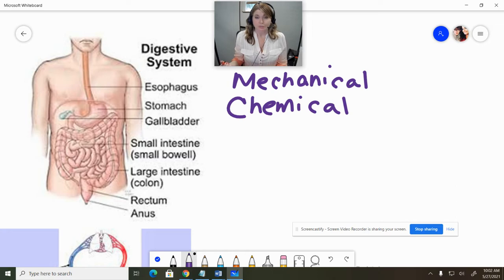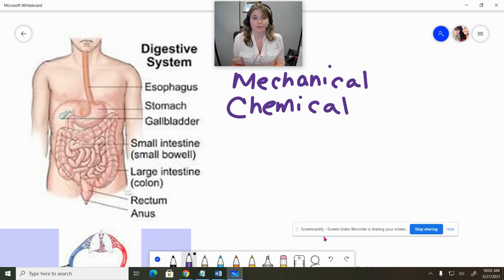Mechanical digestion would just be to break something apart into smaller pieces so it's easier to fully chemically digest. So chewing, for example, is a type of mechanical digestion. Your teeth are physically breaking down the food that you eat into smaller pieces. Your stomach also participates in mechanical digestion just through the muscle contractions that help to mix up and break up the food that you're eating.